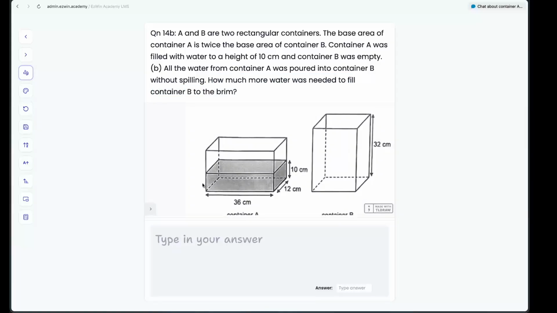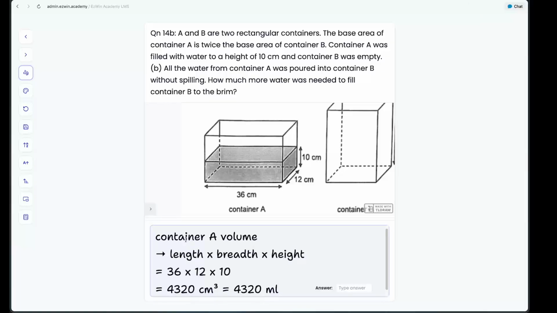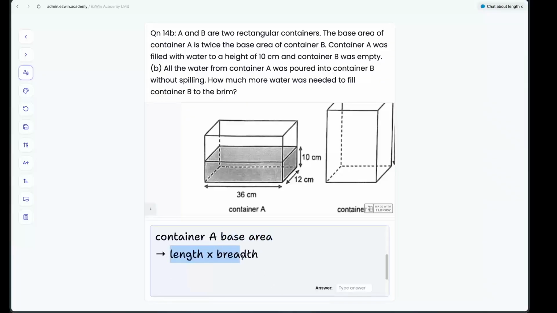So first we can get the container A volume, which in this case is length times breadth times height, and this will give us 4,320 milliliters. Then container A base area, which is length times breadth, and in this case it's basically 36 times 12, which would then be equal to 432 centimeters square.